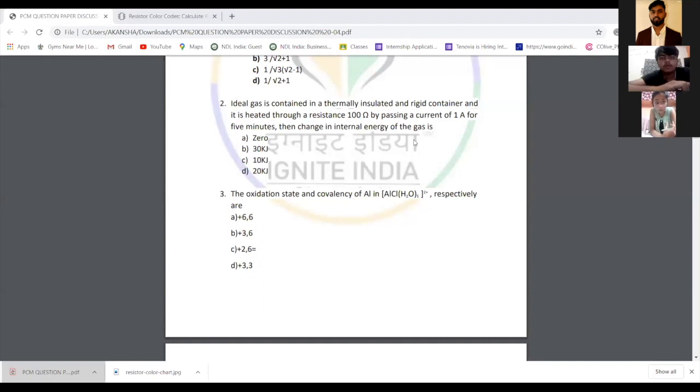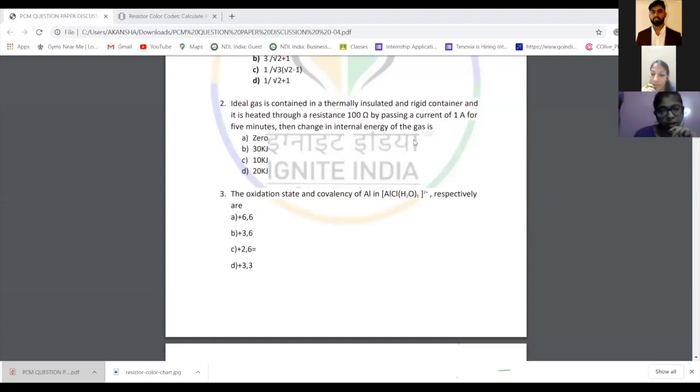And delta U is I square R delta t, which is your small t is what? Change in time. Very good. So what is the time here? 5 minutes.